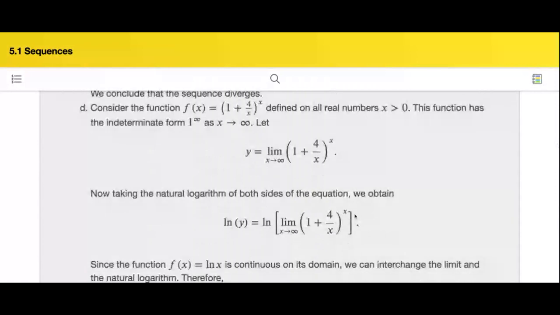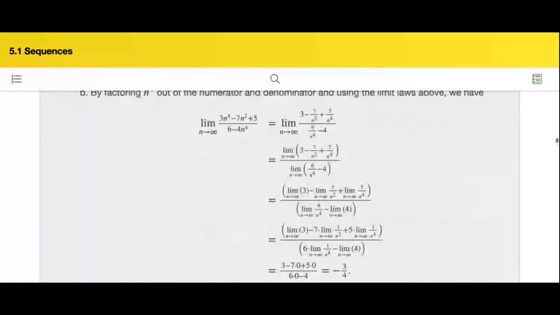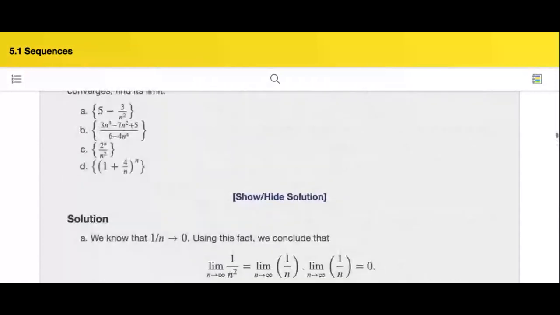So D is 1 plus 4 over n raised by n. Actually, this is related to e. If you remember, the Euler number is the limit as n goes to infinity of 1 plus 1 over n raised by n.